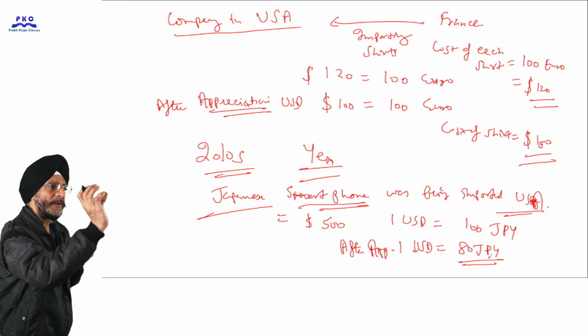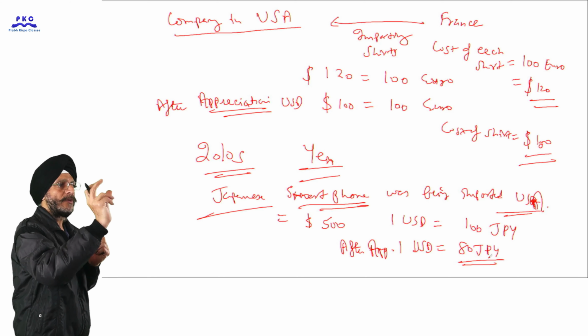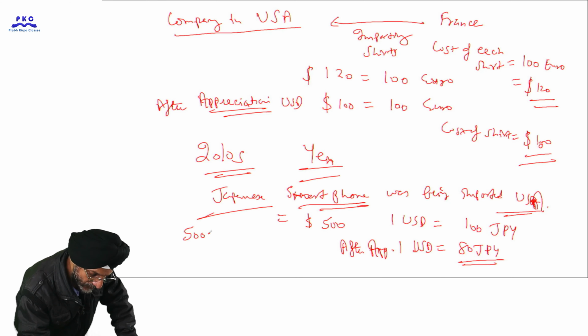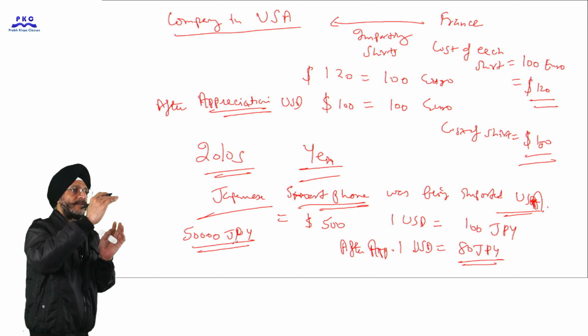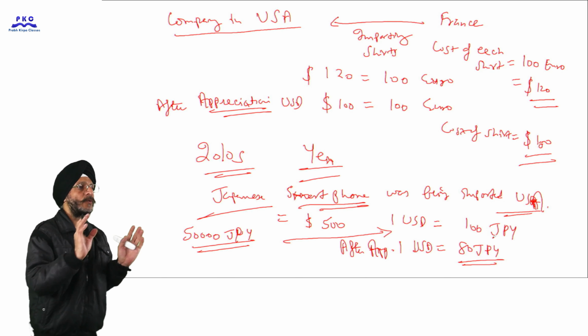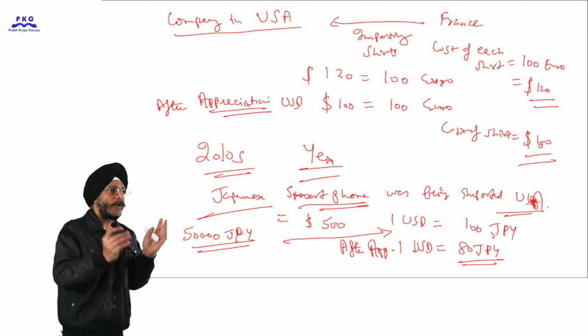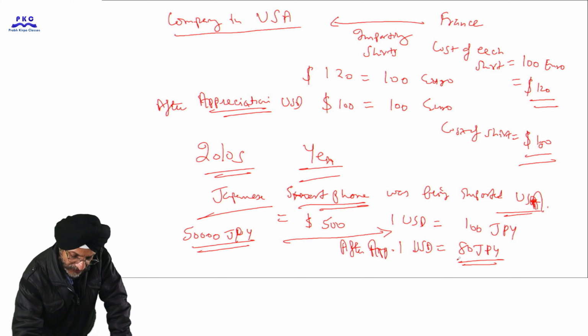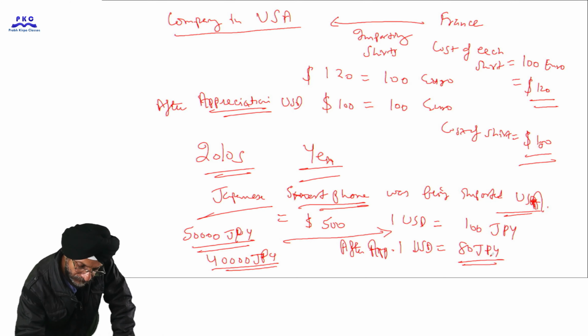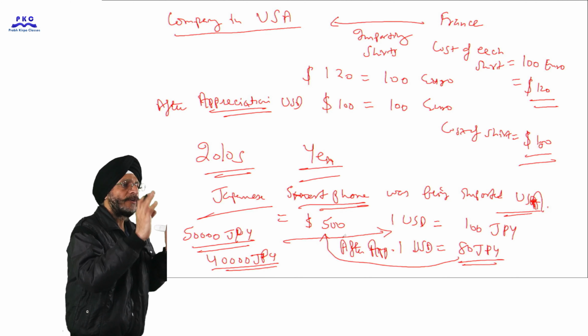So earlier, to import a smartphone, Japanese people had to pay 50,000 Japanese yen, when the exchange rate was 1 US dollar equal to 100 Japanese yen. Now, as the Japanese yen has appreciated, the Japanese people have to pay only 80 into 500, that is, only 40,000 Japanese yen.